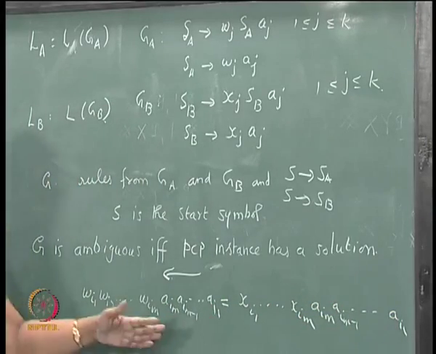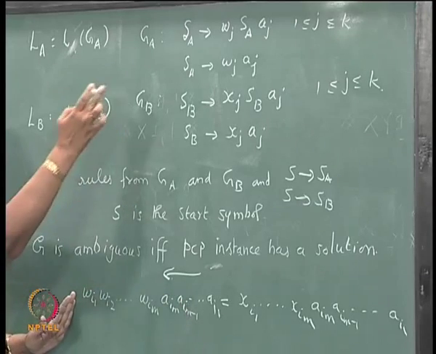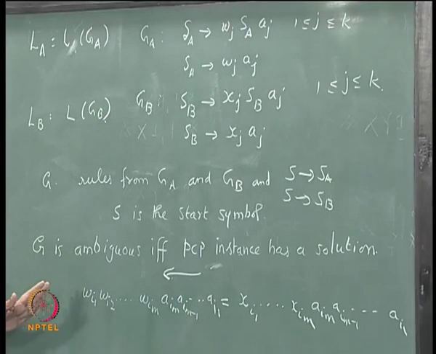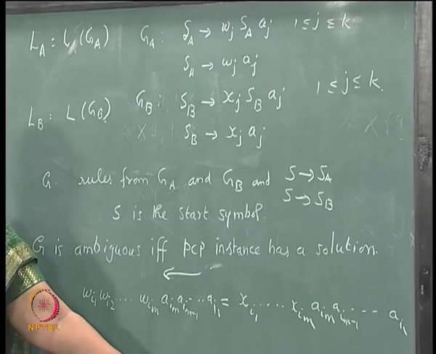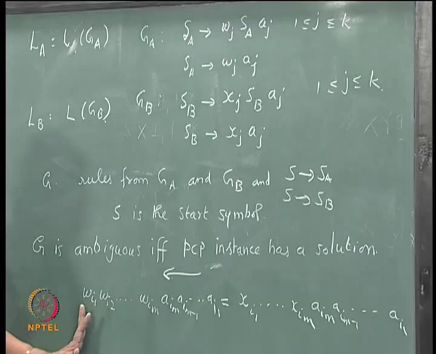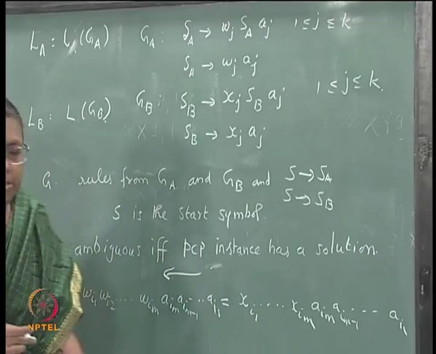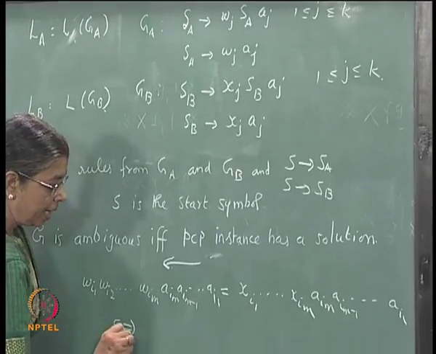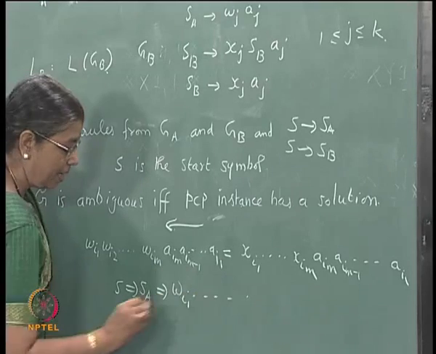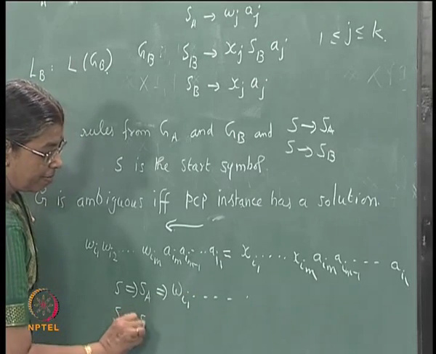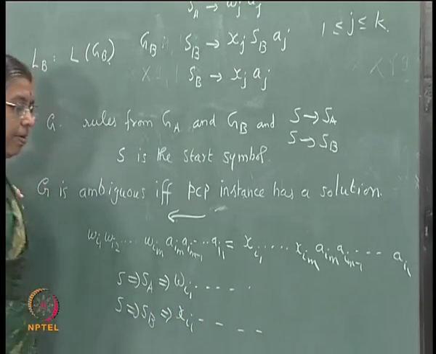So, they are equal, and this has a derivation from SA and this has a derivation from SB. So S derives SA, derives Wi1 and so on. S derives SB, derives Xi1 and so on.